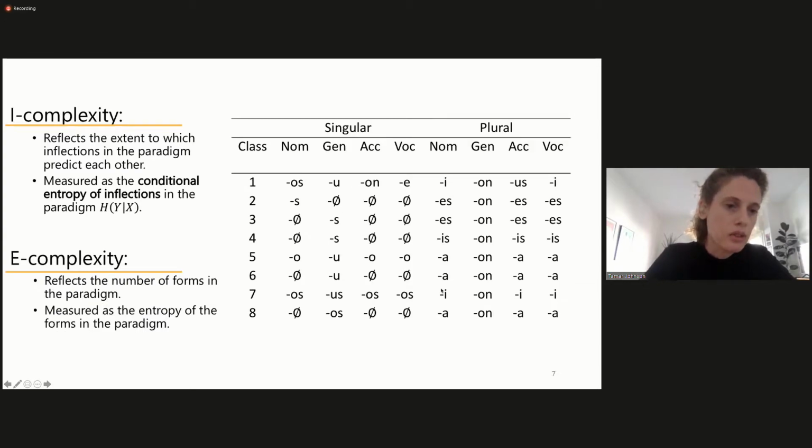E-complexity could also be measured with notions from information theory, and it would reflect the number of forms in the paradigm, or the distribution of forms in each grammatical category. This would be measured as the entropy of the forms in the paradigm.